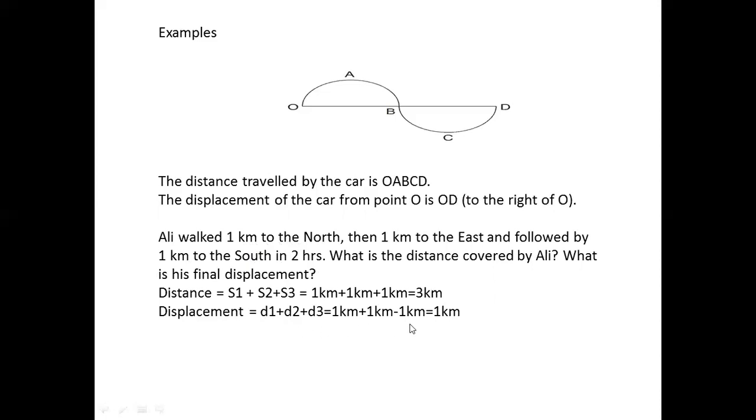So the third displacement is given a negative sign: 1 kilometer plus 1 kilometer minus 1 kilometer. First displacement is in the direction of north and the third is in the direction of south, and north and south are opposite directions. So the final answer for the displacement is 1 kilometer.